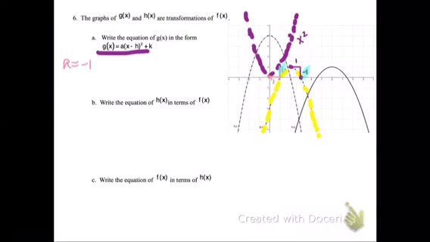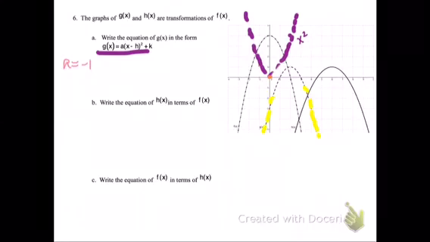So what I'm going to do is I'm going to go ahead and actually shift or reflect my parent function. And I'm going to do that in orange so that you guys can see. Excuse me. When I have a reflection, all that's impacted is my y values. So I used to be at 0. 0 times -1, still 0.